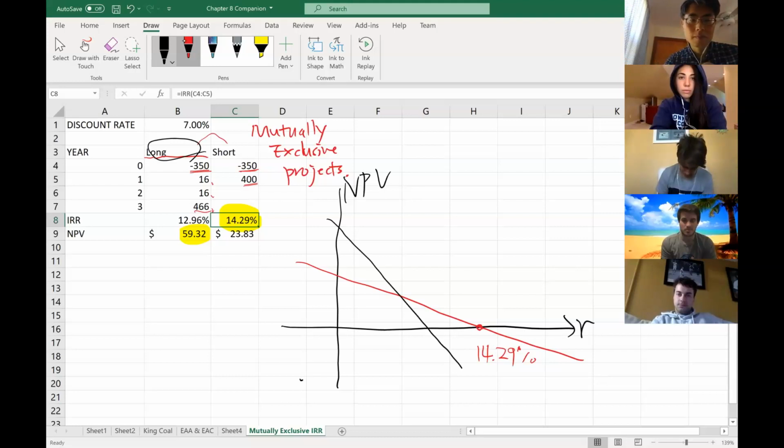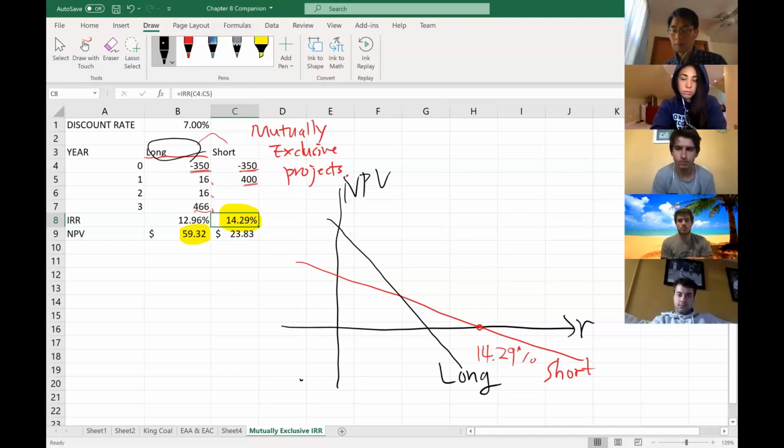So this one was the short-term project, and this one is the long project. In the case of the long-term project, because it's more sensitive to changes in interest rate, it has a steeper profile. And the internal rate of return is the value of R that makes the NPV of the long-term project equal to 0. So this is 12.96%.